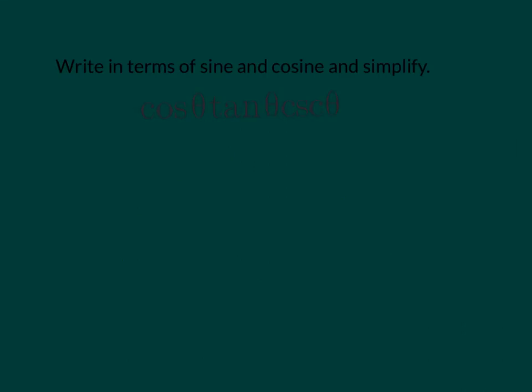Okay, remember one of our easiest little methods in verifying our trig identities and simplifying our trig identities is just to change our expression to terms of cosine and sine only. So here we've got cosine times tangent times cosecant, and we can just write this as cosine theta.